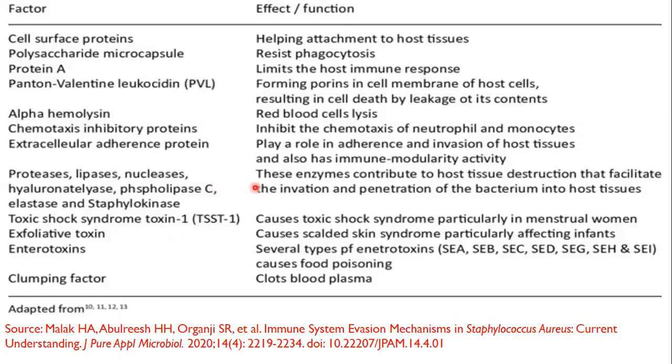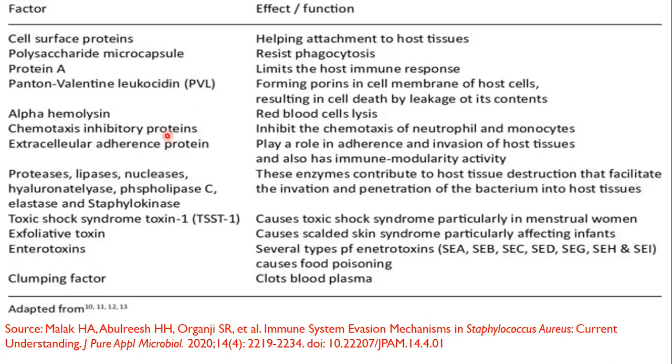Now, as shown here, this is a table highlighting the different virulence factors of Staphylococcus aureus. When you say virulence, that means these are the factors, specific substances present in the organism, which are responsible for the disease process in a particular individual.